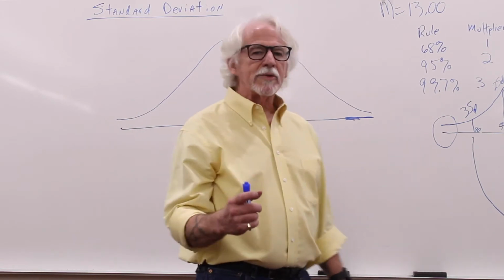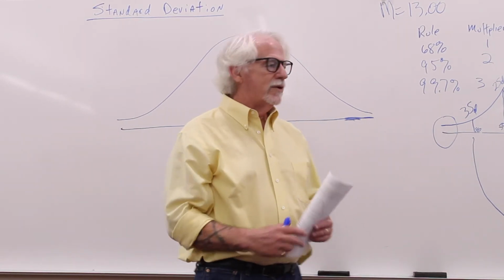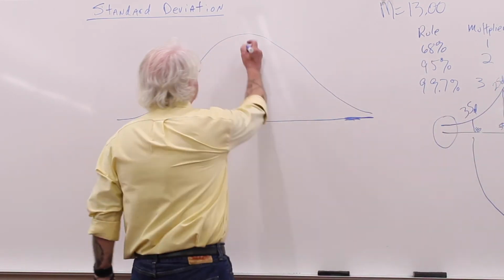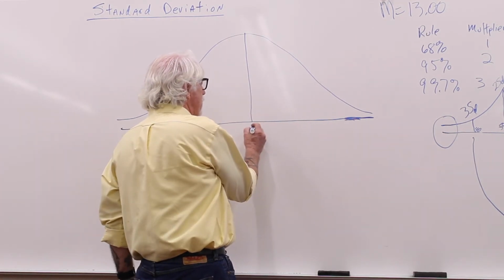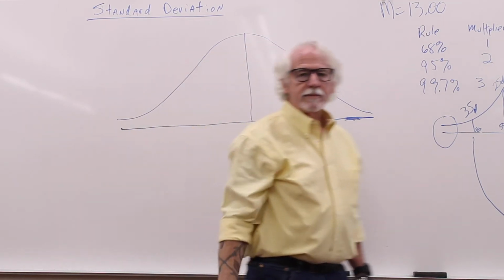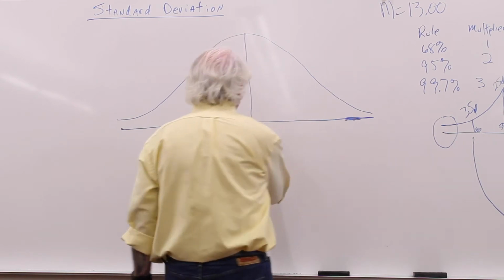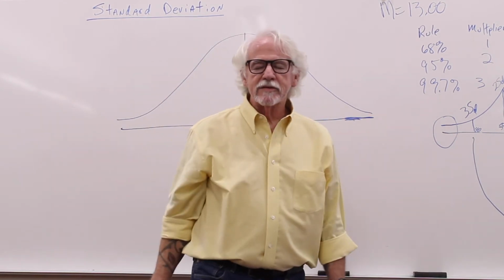So the multipliers are because whatever your standard deviation is, when you know the mean, when you have your model, and I want to know where a score lies, well, let me do it this way. Make it simple. We'll stick with the 70. This is how it works.